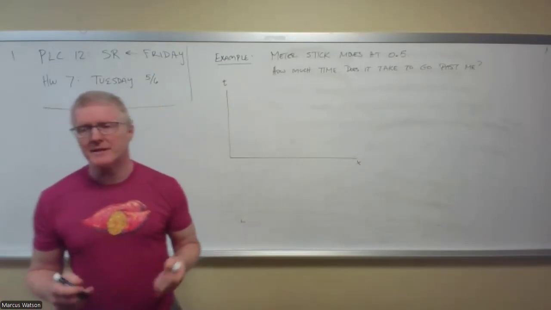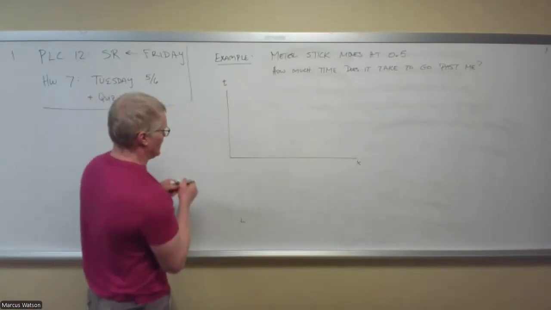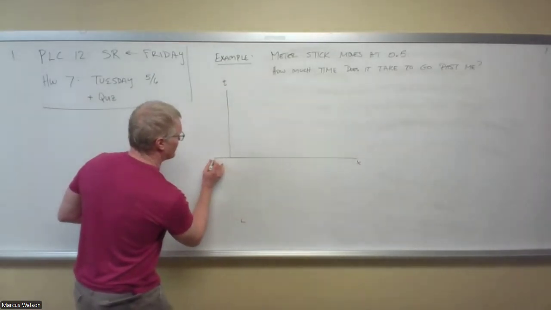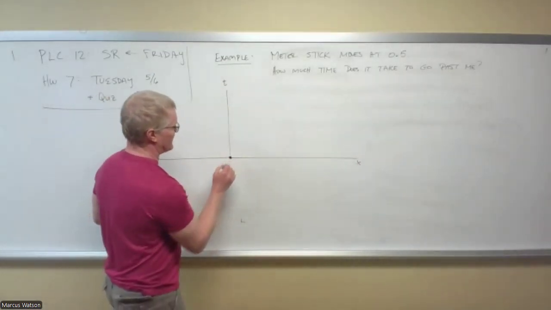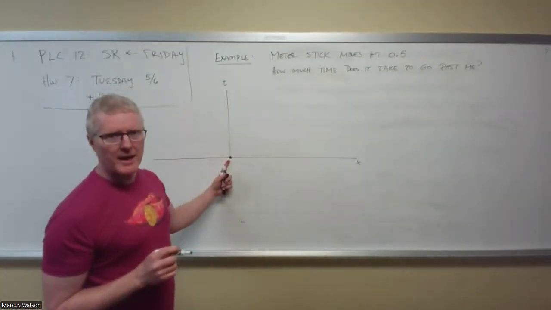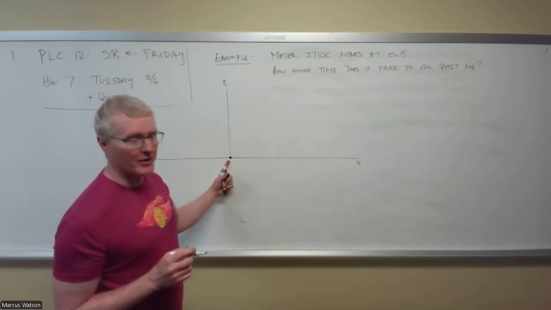So let's assume that the x and the x prime are 0, where t and t prime are 0, and the front of the meter stick is there.